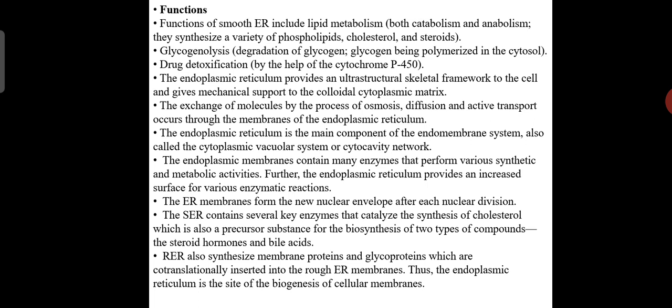The ER is the main component of the endomembrane system and is also called the cytoplasmic vacuolar system or cytoplasmic network. The ER contains many enzymes that perform various synthetic and metabolic activities. Further, the ER provides an increased surface for various enzymatic reactions. The ER membranes form a new nuclear envelope after each nuclear division.